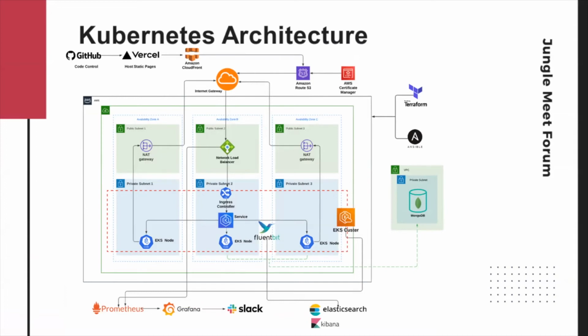The user can access the web page from a browser, and the traffic is routed through a CDN, which is AWS CloudFront. CloudFront can help to accelerate content delivery while storing a cache of our static website content. As a result, low latency can be achieved.